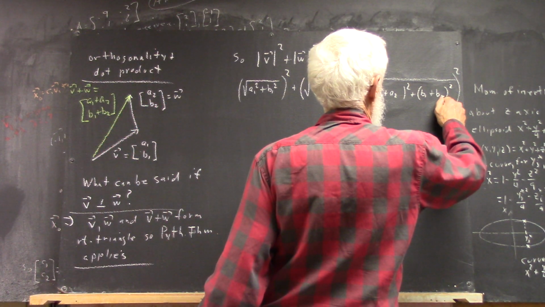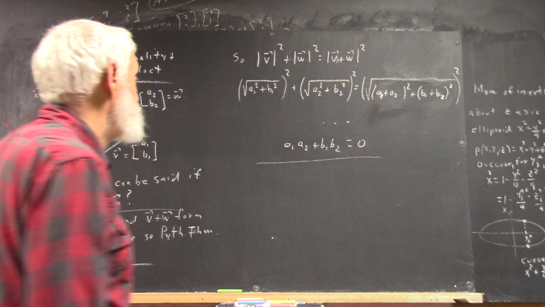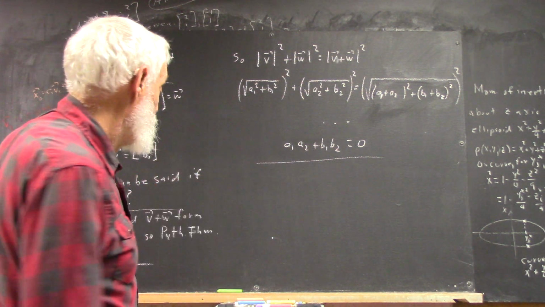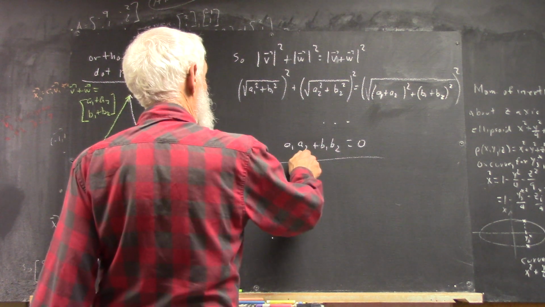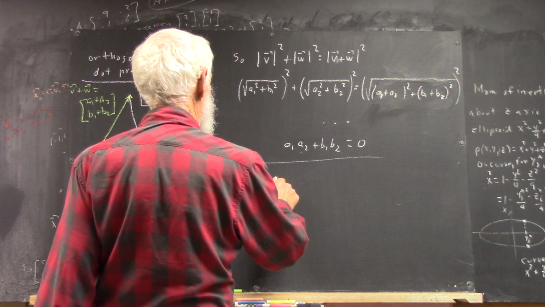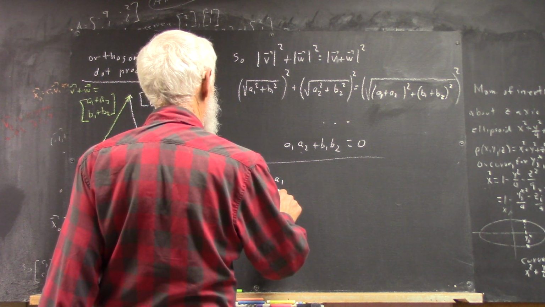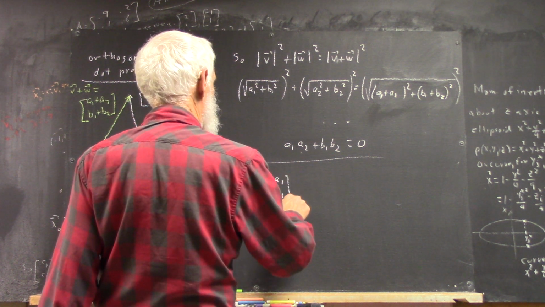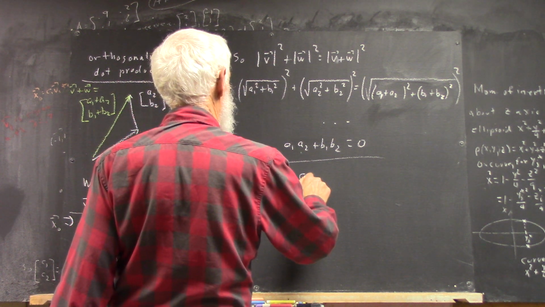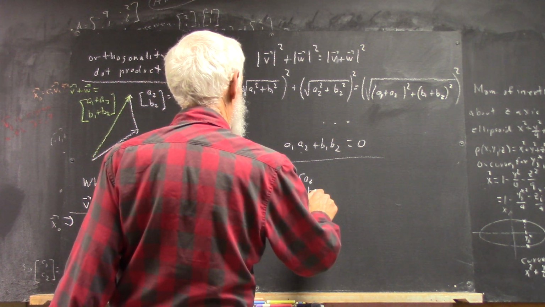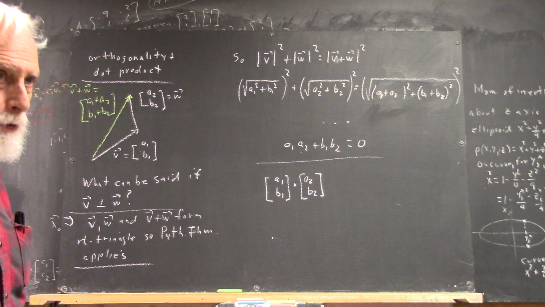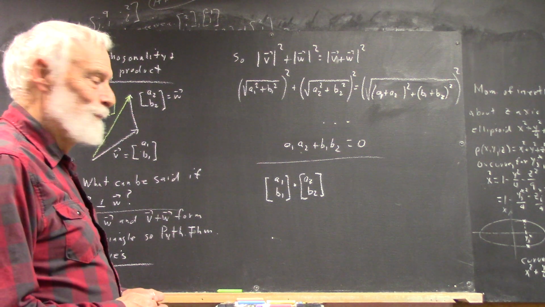Okay, so we get this. Now, the point is then that this is what we define as, make sure I write the right subscripts on the right letters in the right positions, okay?